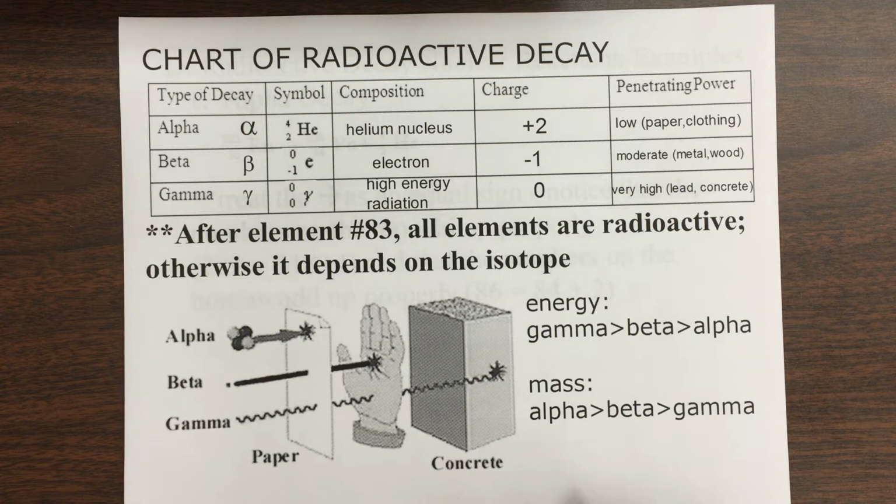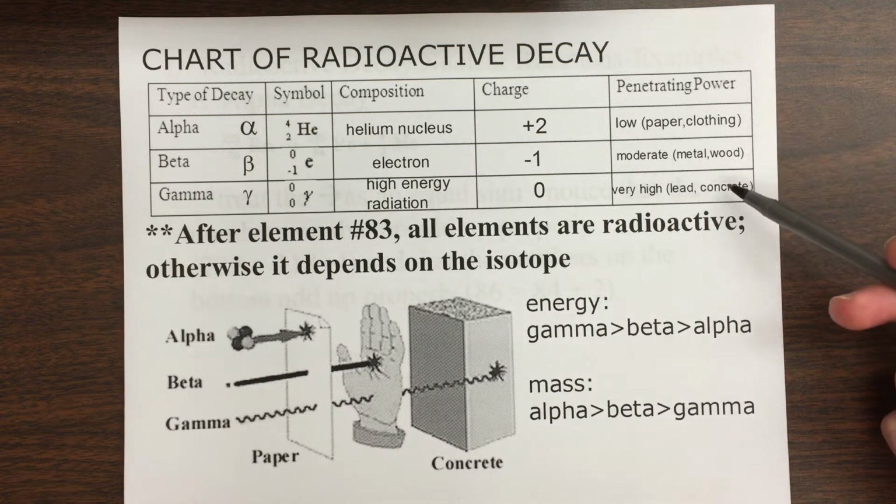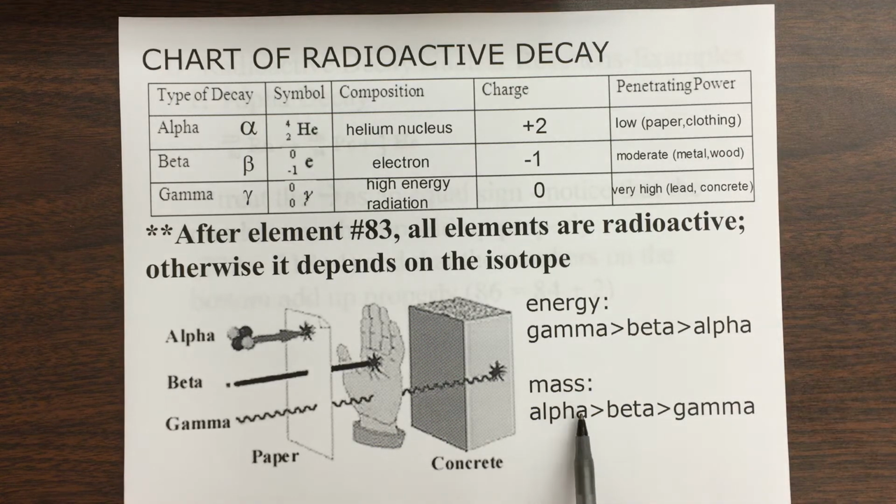You'll see several questions asking you to compare the energy and the mass of the various radioactive decays. So in terms of energy, gamma is the greatest, beta is next, alpha is the lowest, which I already indicated here. And looking at the mass, notice that it is inverse to the energy.